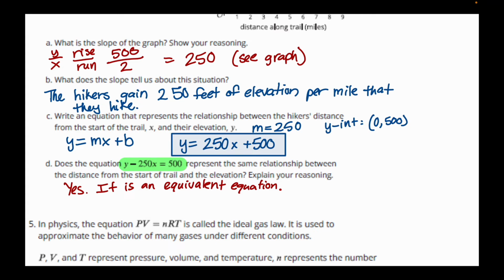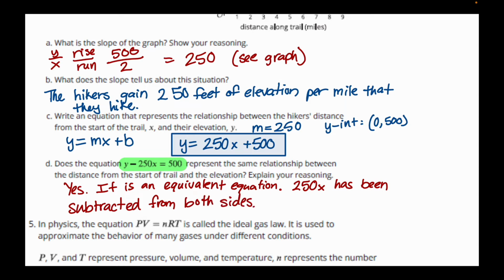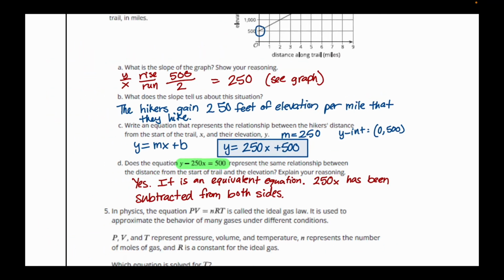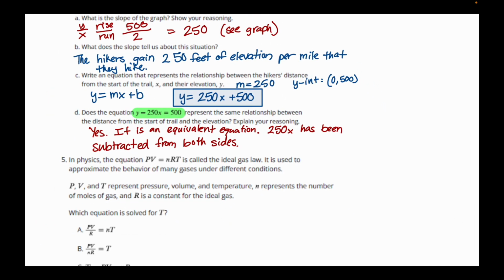And then we will say 250x has been subtracted from both sides, just to show that we know it's a valid move, a balanced move. There we go. And that's going to be it for question 3.